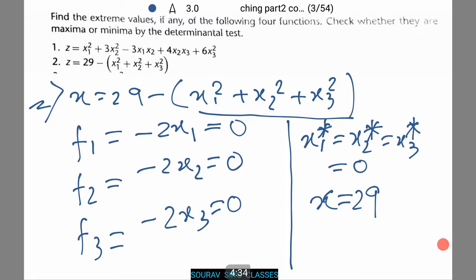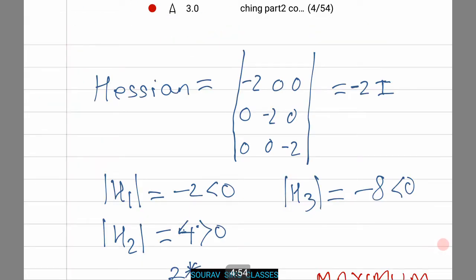Similarly we will be finding the Hessian using these values and we'll calculate mod of h1, h2 and h3 just like the previous question. If you want to try it out, again pause the video because I am going to be solving it in a jiffy in the next 1 or 2 seconds. Over here the Hessian will be minus 2 in the diagonals and all the rest of the elements will be 0.